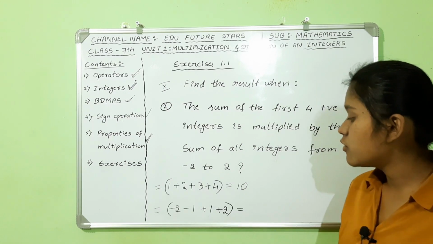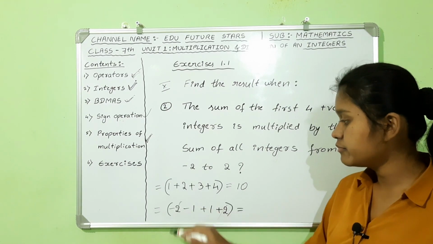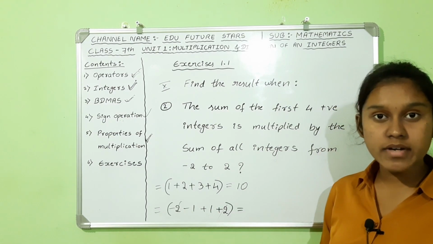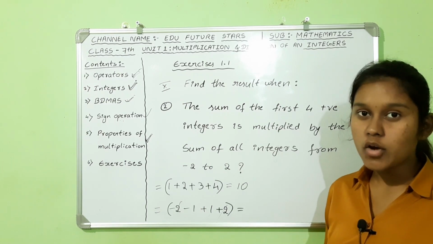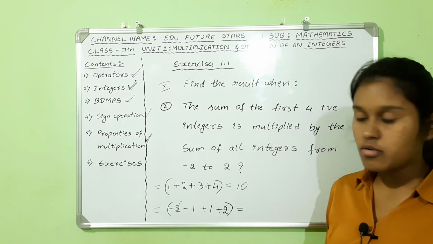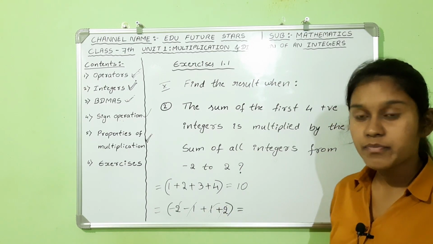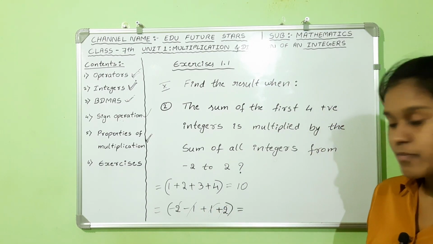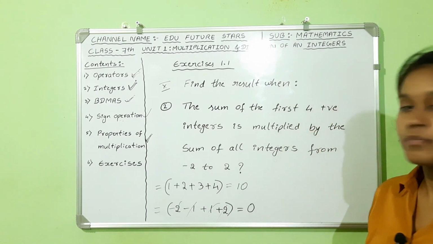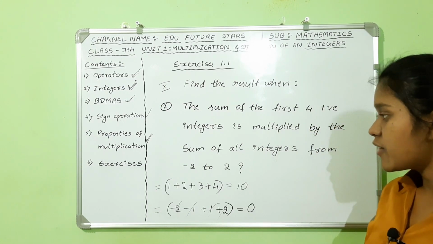See here, -2 and +2 we can cancel because those two have different signs and the same number. -2 plus 2 will become 0. Plus 1 and -1 we cancelled. So the answer is 0.